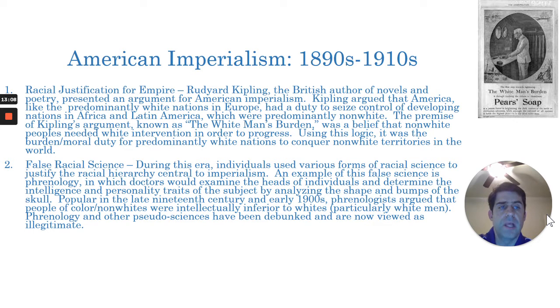I want to turn your attention now to the image in the upper right-hand corner of this slide. If you take a look at it, it says The White Man's Burden, Pears Soap. Basically, this was an advertisement from this era, and the white man depicted in there is supposed to be Rudyard Kipling himself. It's supposed to be a drawing of what Kipling looked like, or close enough.